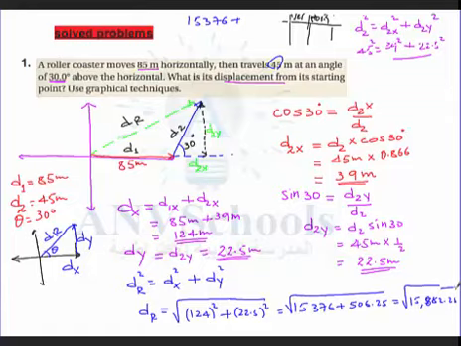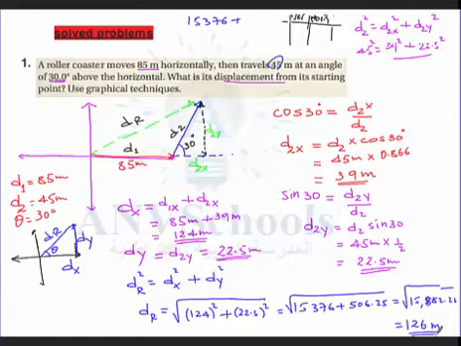You will get almost 126 meter. So the resultant displacement is 126 meter.